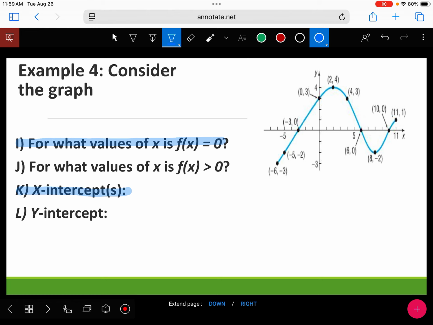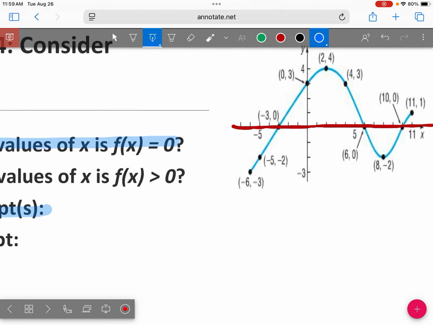So when y equals 0, that would be this horizontal line right here. There are 3 places where it crosses through. The first place is here, which is x equals -3. The second place would be here, which is x equals 6.